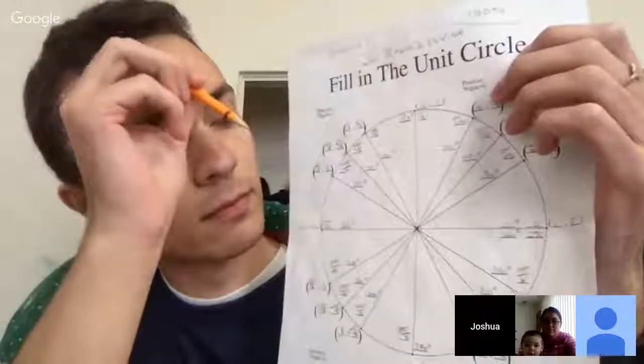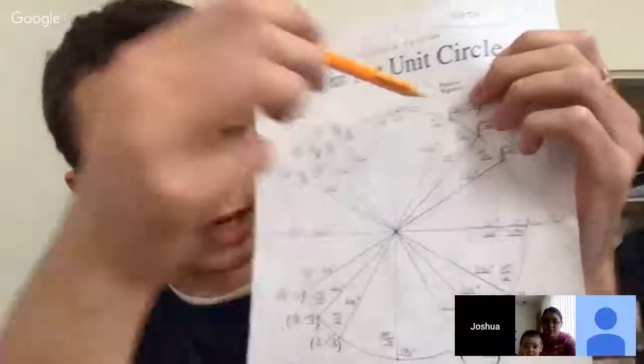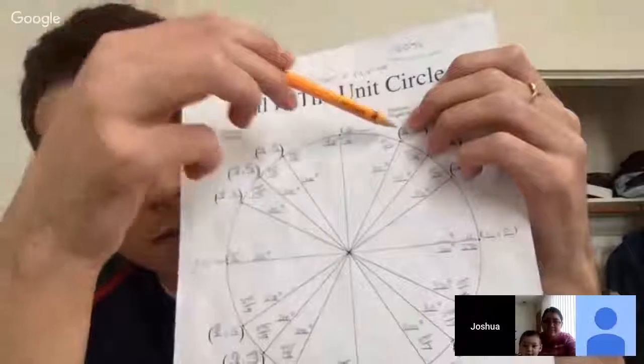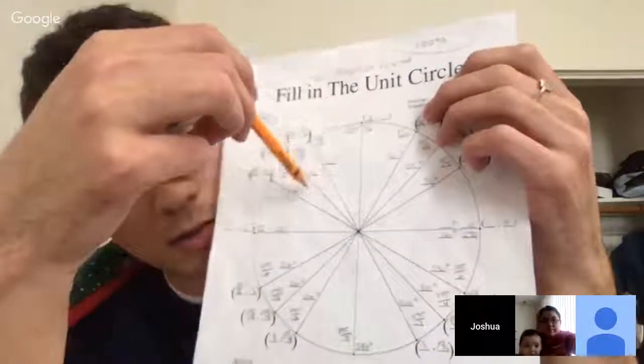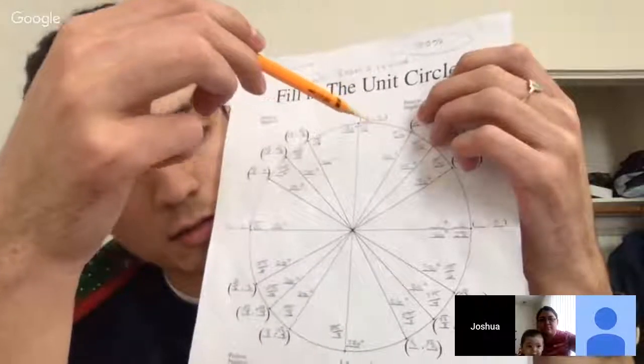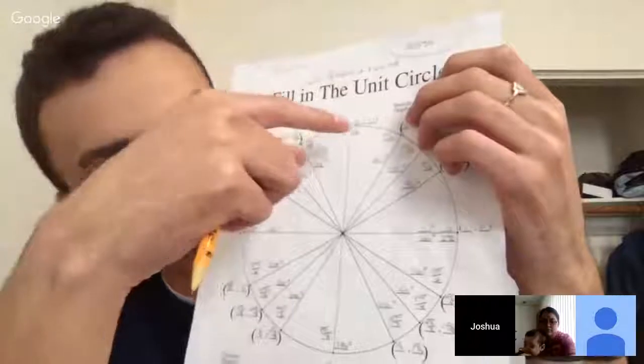Basically, this angle right here you can get by having pi over 3 or pi over 3 plus 2 pi k, where k is just however many times you want to go around.